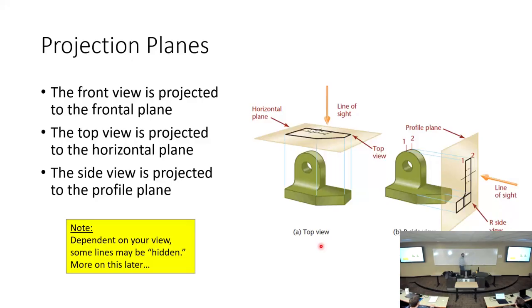Let's say I just have a box, right? And I have a hole in that box, okay? And let's say that I'm standing right here. The quality of the engineering drawings just went right down the hill when I threw that stick figure. Okay, and let's say that I am looking at the box like this, okay?